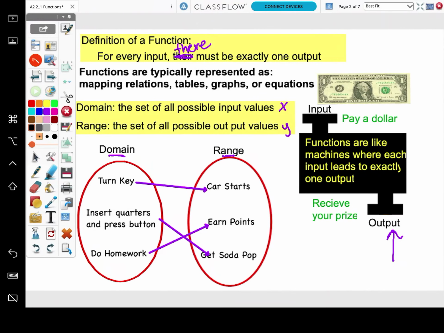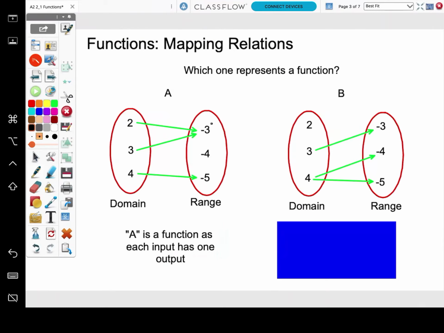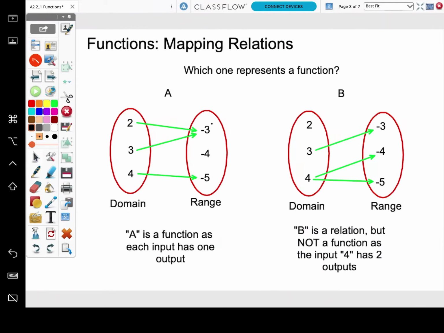A is a function because each input has exactly one output. 2 went to -3, 3 went to -3, 4 went to -5, all is good. B, if you thought B, I tricked you. B is not a function because 4 goes to both -4 and -5. So B is not the function.